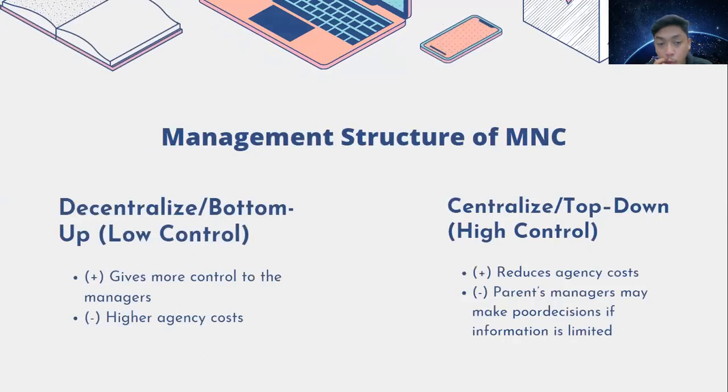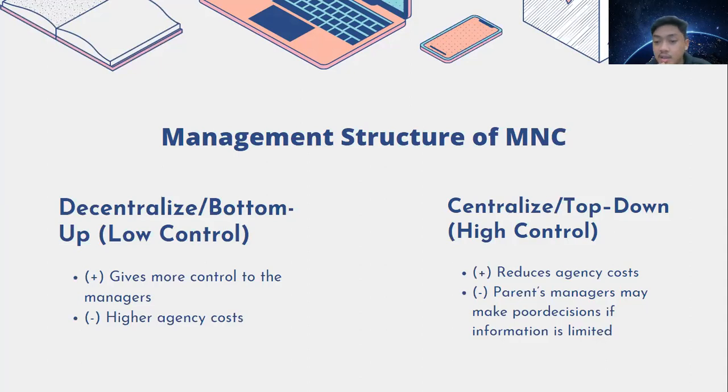Move to management structure of MNC. The first one is decentralized or bottom up, or we call low control. The positive is give more control to the managers, and the negative one is higher agency cost. And the centralized or top down, or we call high control.